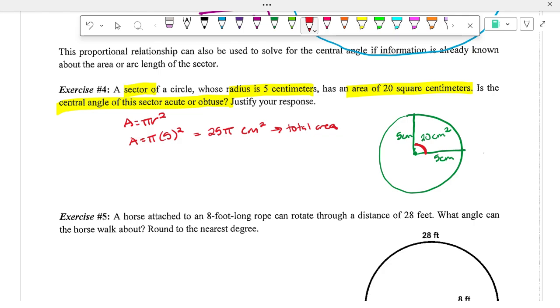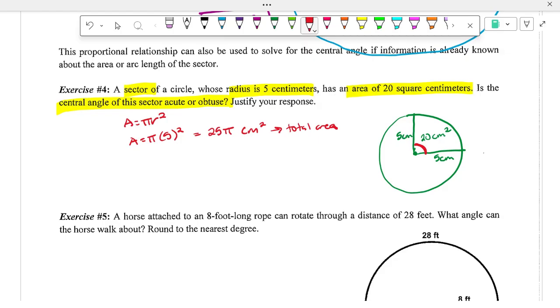So I have the whole area and the piece of the area. Divide it. So what would I divide by? How would I set up my division? So I would do 20 divided by 25 pi and then simplify it. All right.